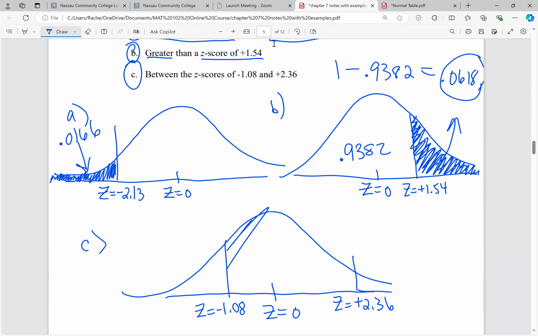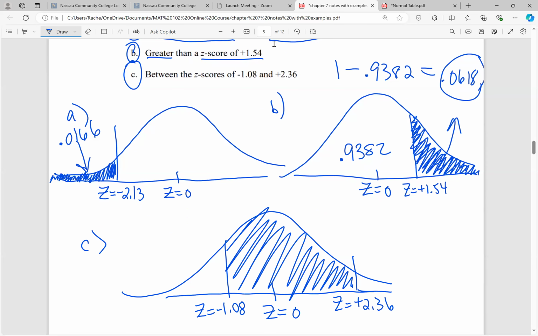So we want to find this shaded area in between. So the way we're going to get an area between two z-scores is we're going to look up both z-scores and we're going to take the difference.